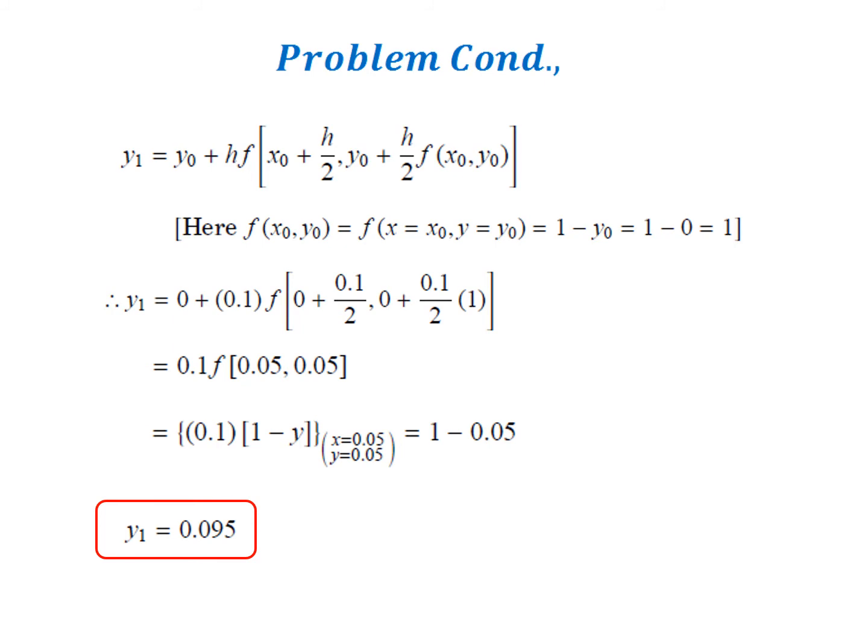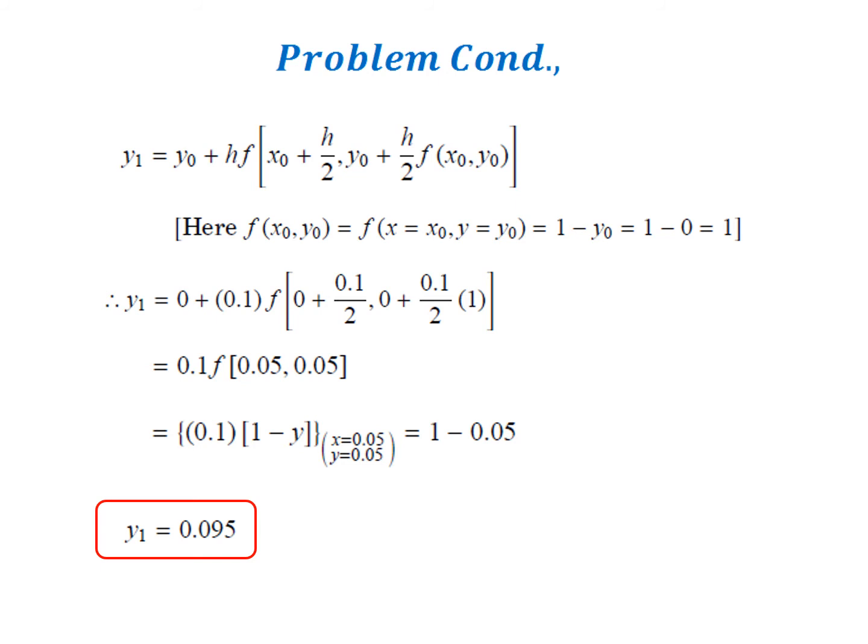Simplify the inner terms. This particular one gives 0.05 because 0.1/2 is 0.05. Here also 0.1/2 times 1 is 0.1/2 only, so this value is also 0.05. How do we calculate this function? Again, we go to the given f(x, y) and replace x = 0.05 and y = 0.05.